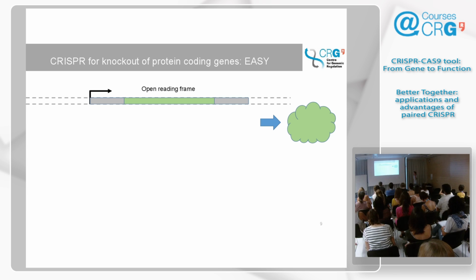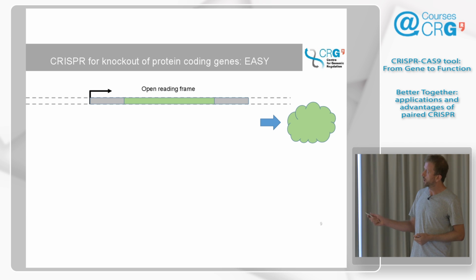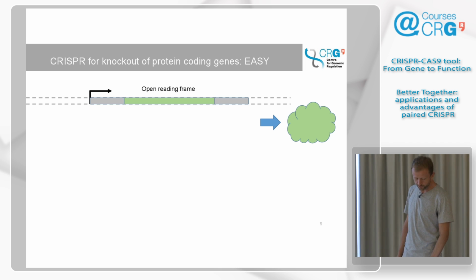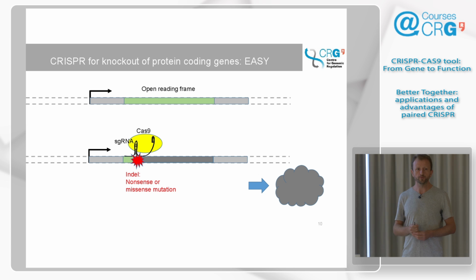So what Mark was talking about yesterday, the more conventional use, or the first uses of CRISPR, were applied to disrupting protein coding genes. So this is actually very powerful and very straightforward, because it's very easy to disrupt a protein coding gene. It's very easy to disrupt an open reading frame, because all you have to do is to recruit your Cas9 to a more or less 5' region of the open reading frame.